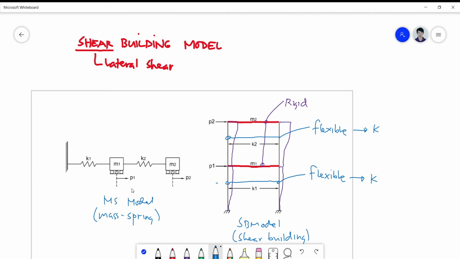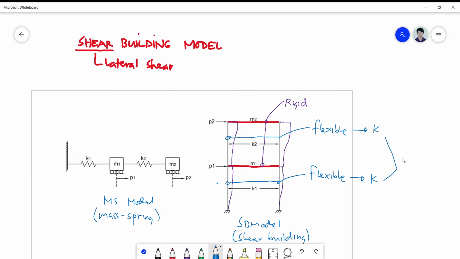The only difference is this is a mathematical model or an analytical model wherein you can take the free body diagram to analyze the forces, simpler than the prototype building model. Okay, now I'd like you to take note about the pattern in which your stiffness is assembled.